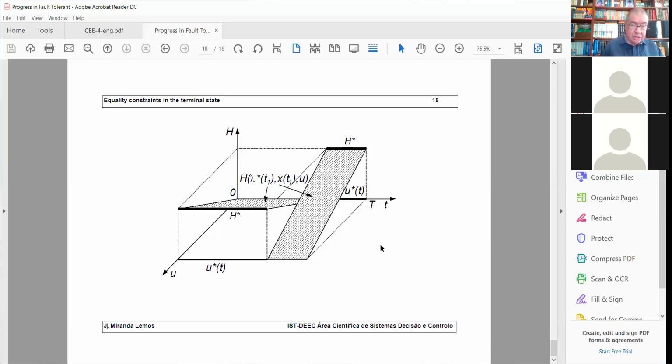And you need an extra condition, and the extra condition is that the Hamiltonian at the terminal time is 0. Now, since the Hamiltonian is constant for time invariant systems, the Hamiltonian is always 0 at all the points. And you can use this to compute the optimal value of T.